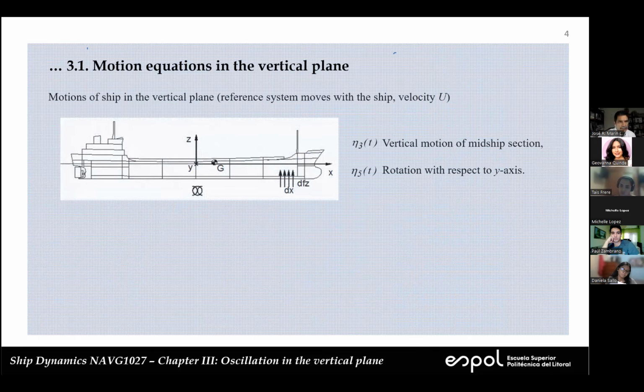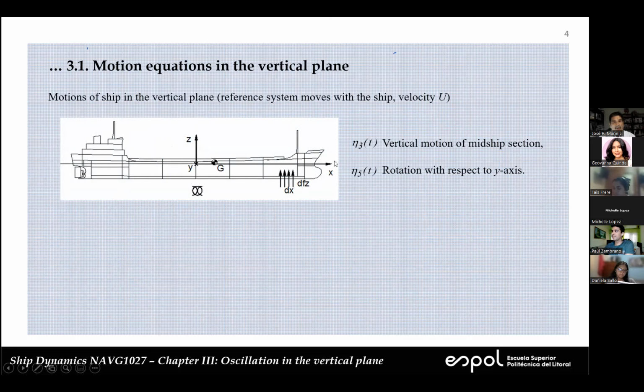So this is general, the situation or the reference system that we're going to be using, okay? The origin of the reference system is here, okay? It's not in G, it's in the midship section, okay?